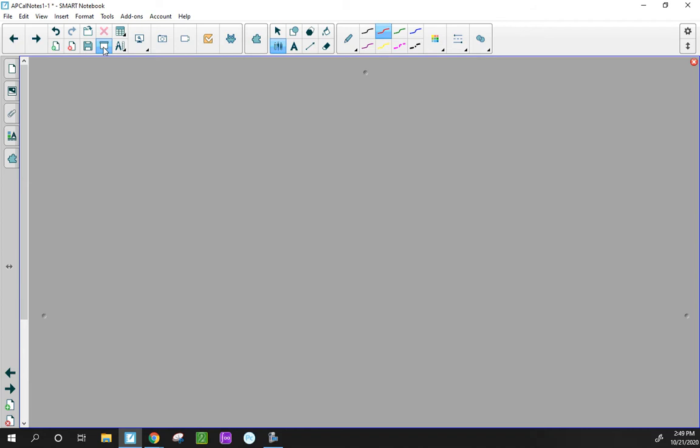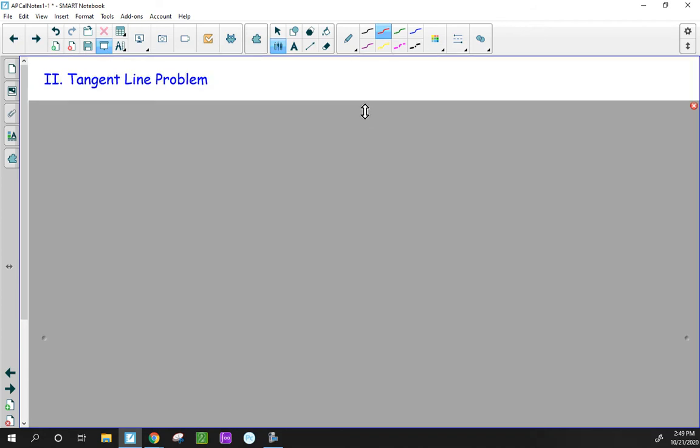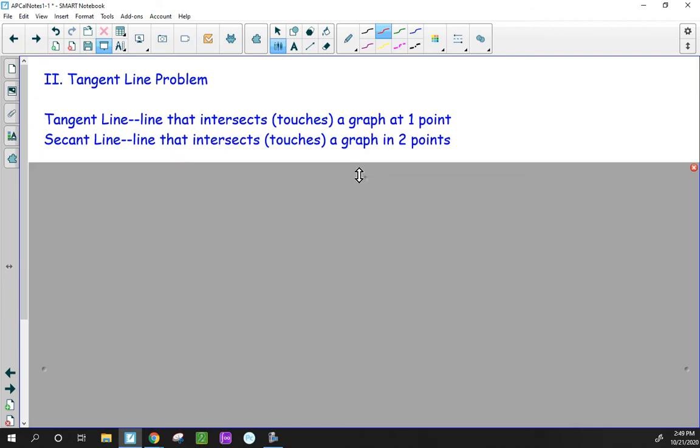Okay, so next, what we're going to do is take a look at what's called the tangent line problem. Just to review, tangent here is the geometry definition, and not the tangent graphing that we just finished in the last unit. So I'm not talking about a trig graph here, or even secant as well.